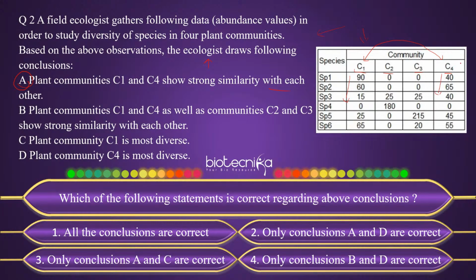That is more even for community 4, making community 4 more diverse. So conclusions A and D are correct. That is why option 2 is the right answer. I hope this is clear for everyone.